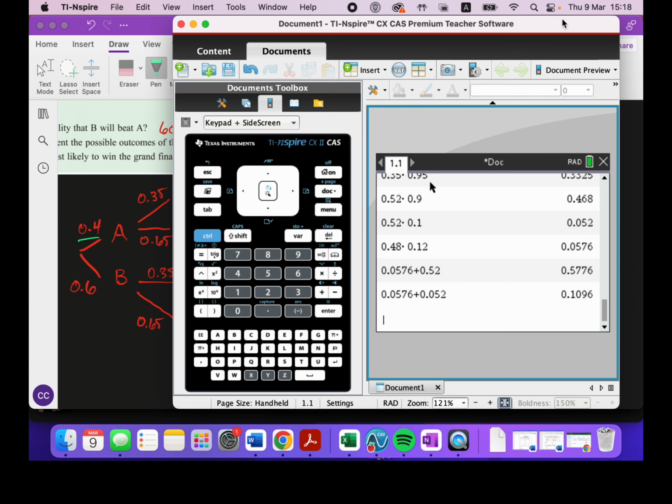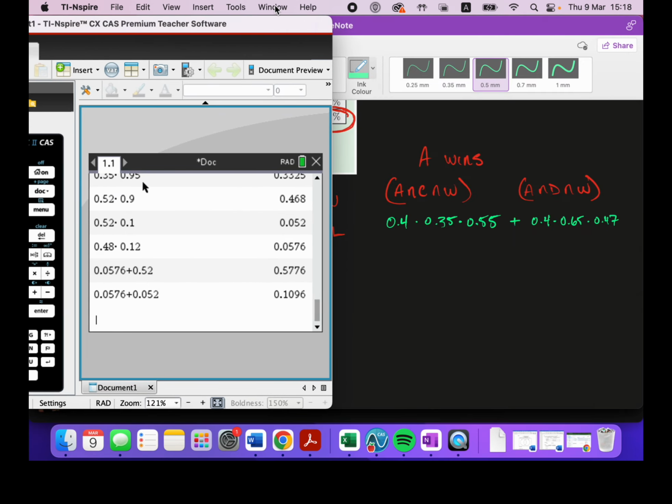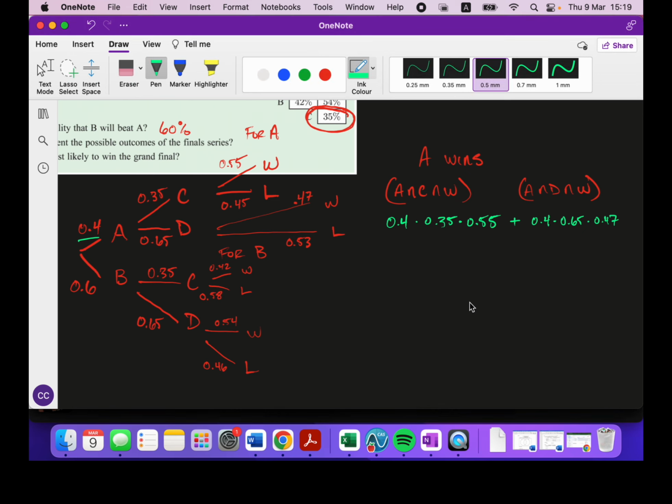Let me just grab my calculator real quick and do that. 0.4 times 0.35 times 0.55 plus 0.4 times 0.65 times 0.47. So overall, the chance of A winning is 19.9%.